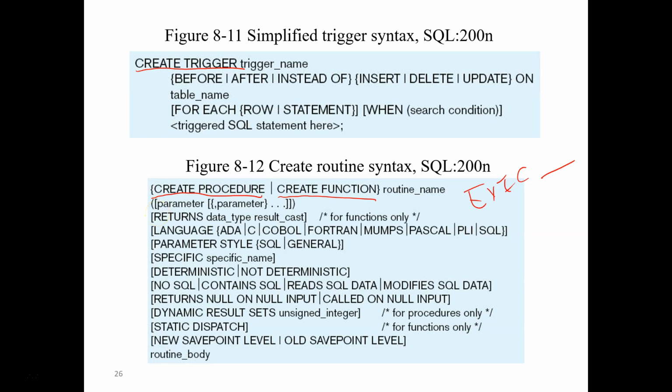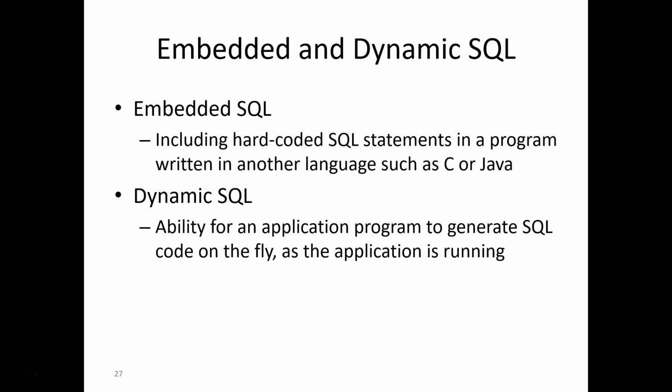The advantages of having routines and triggers as part of the database management system are efficiency and shareability. They are more efficient because they can be optimized for the specific database, and they are shareable because any application program that accesses the database can access these routines and triggers.